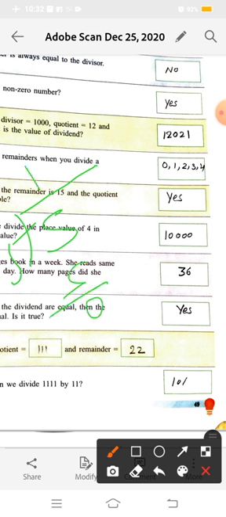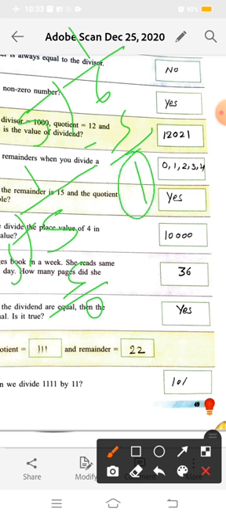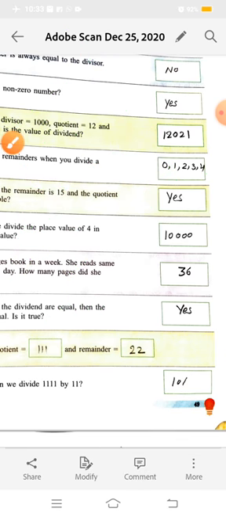And when we divide 6 by 5, 6 minus 5 is equal to 1, so remainder is 1. Remainder may be 0, 1, 2, 3, 4. So our answer is 0, 1, 2, 3, 4.